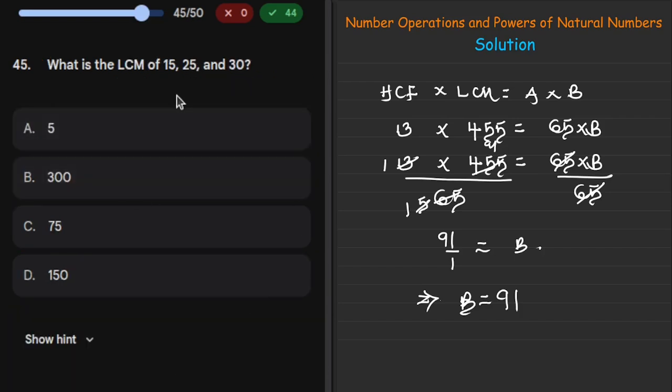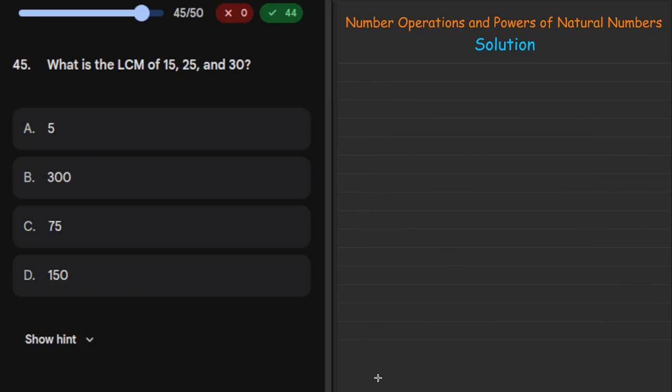What is the LCM of 15, 25, and 30? The LCM. We've done most of it as well. So using our table method, we have 15, 25, and 30. Then which prime number divides all of it?